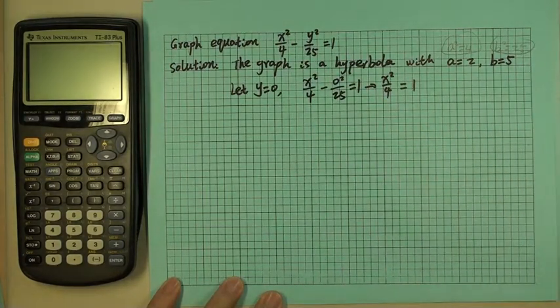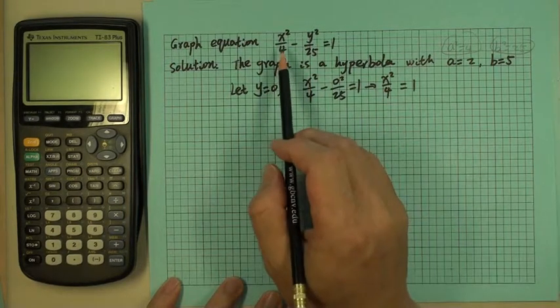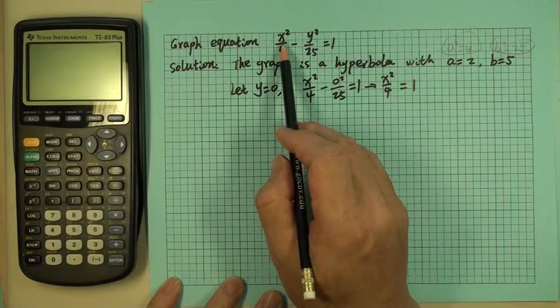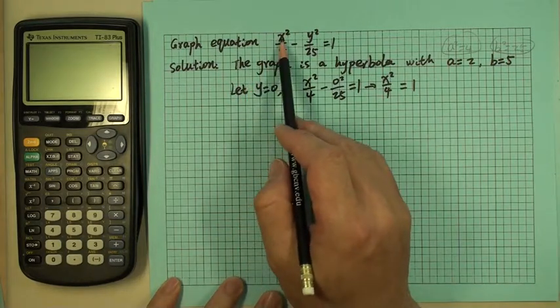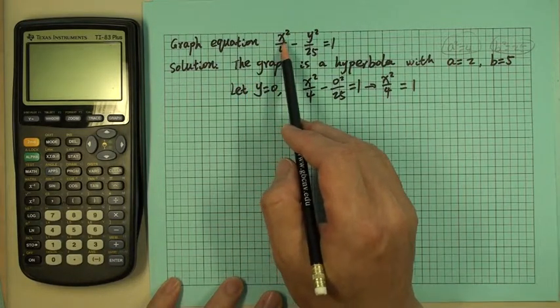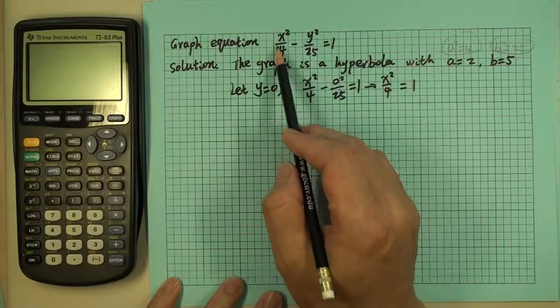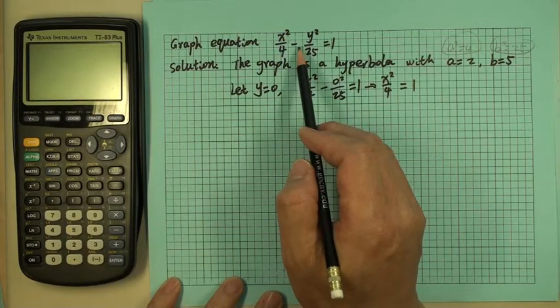The second point to think about is that you do not let x be 0. If you let x be 0, 0 squared is 0, divided by 4 is 0, and you run into trouble.